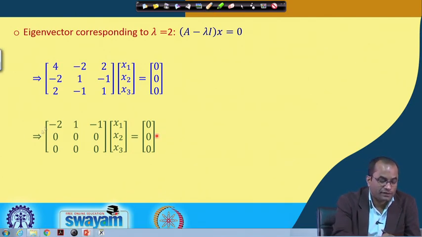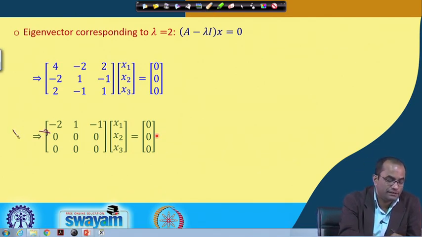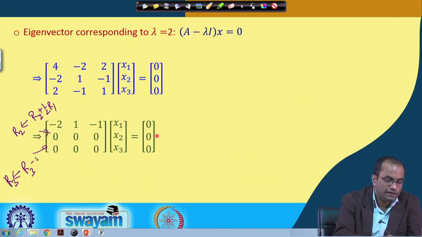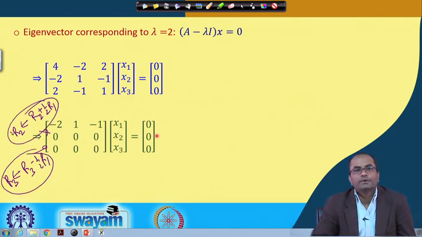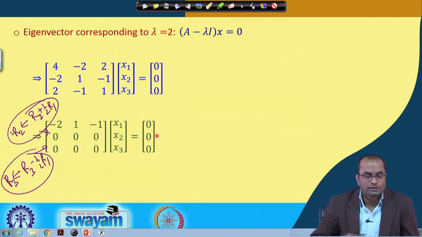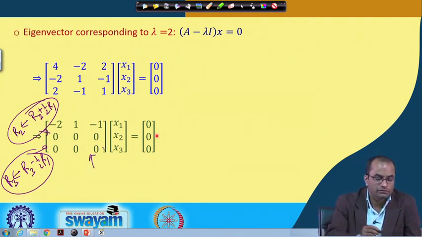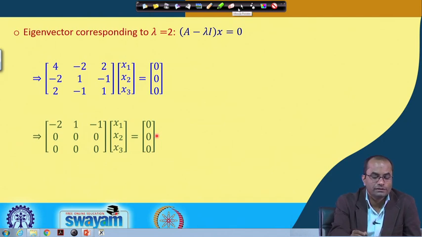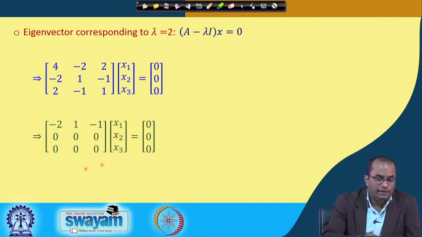So, the operations we have taken are R2 equals R2 plus half of R1, and for R3 we have taken R3 minus half of R1. With these two elementary operations, we have got the row reduced echelon form of this system of linear equations.